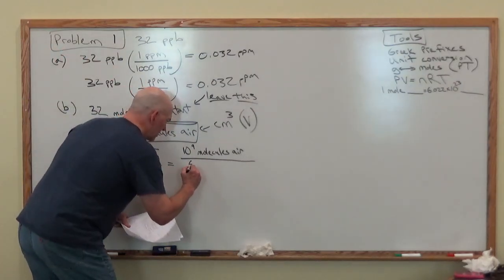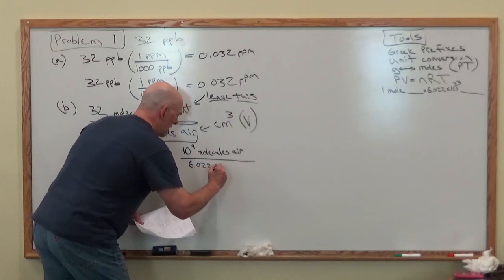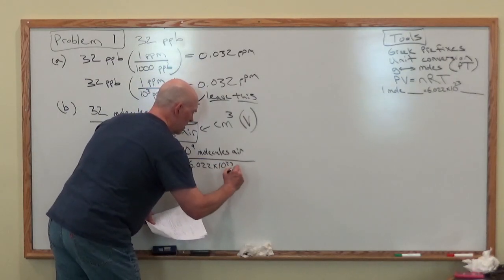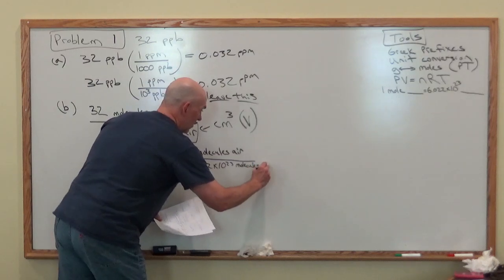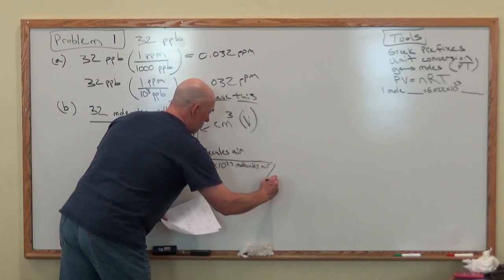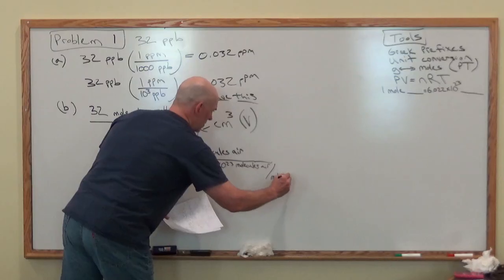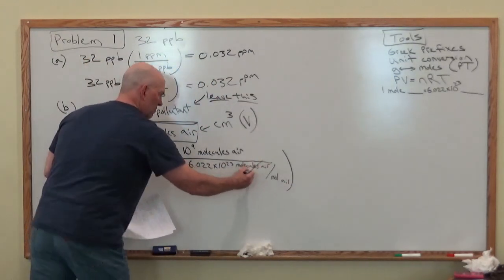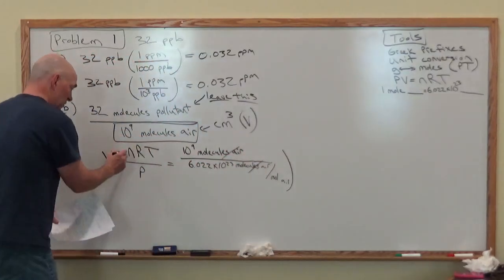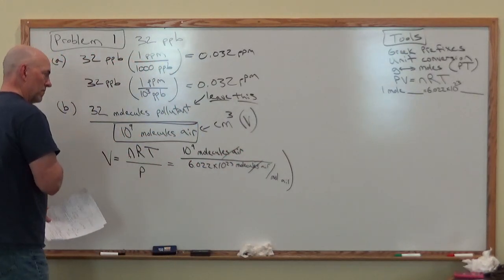Divided by 6.022 times 10 to the 23rd molecules of air, molecules of anything actually, per mole of air. And follow units, molecules will cancel, so it'll be moles. So moles are the units you want right there.